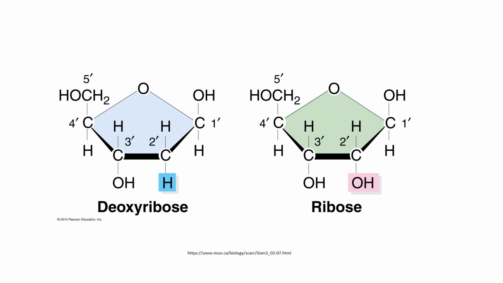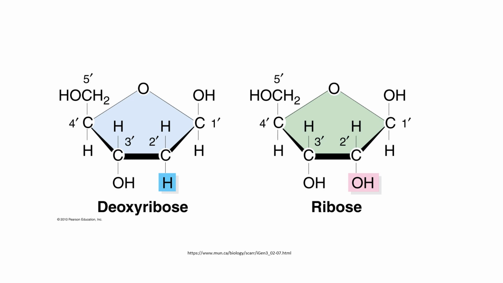And here you have the structure of deoxyribose on your left and the structure of ribose on your right. Deoxyribose used in DNA, ribose used in RNA. And you can see that they are both a 5-carbon sugar ring. One of the members of that ring is oxygen. The 5th carbon hangs above the ring.